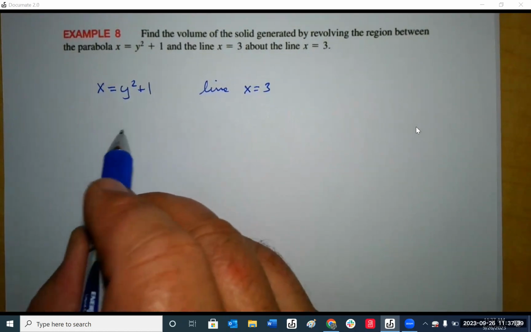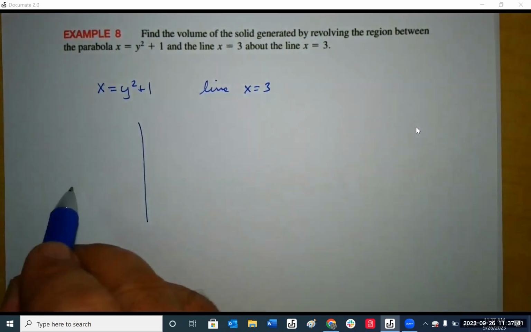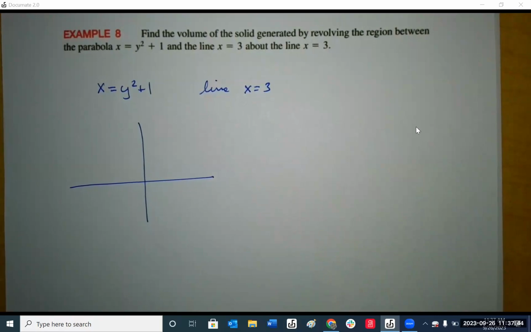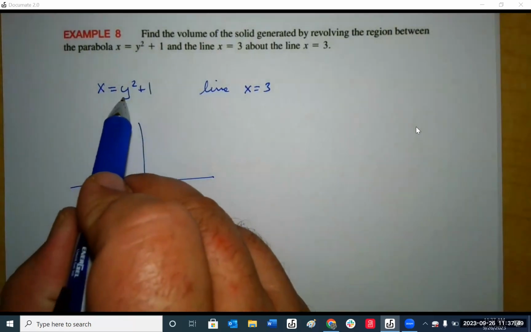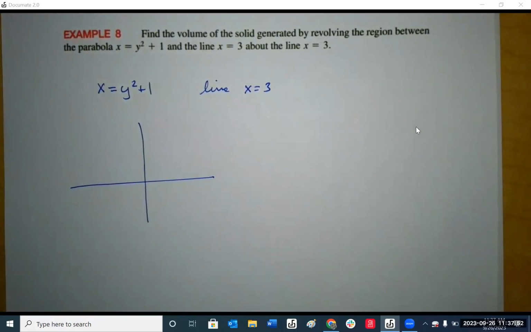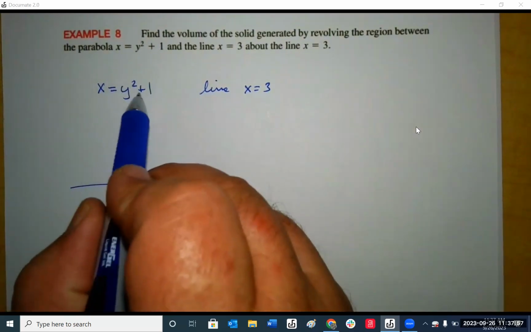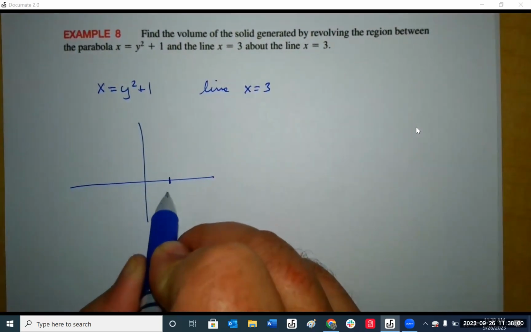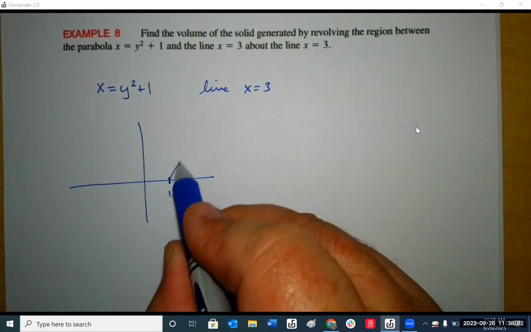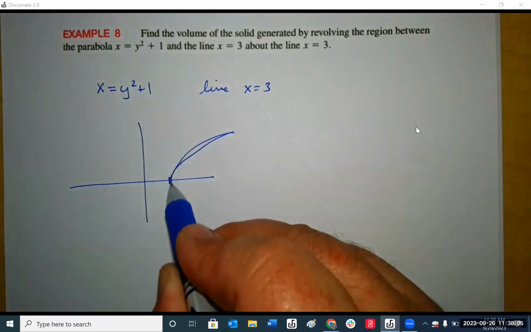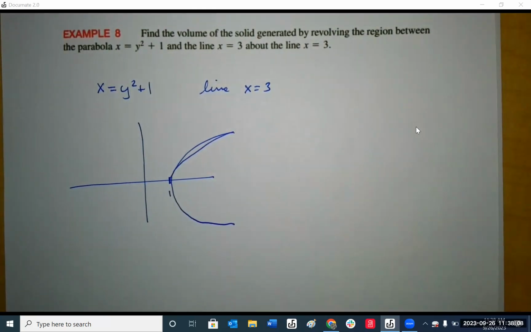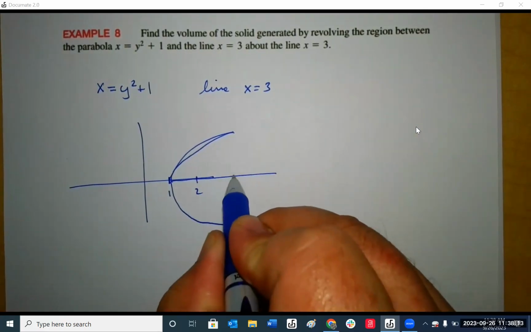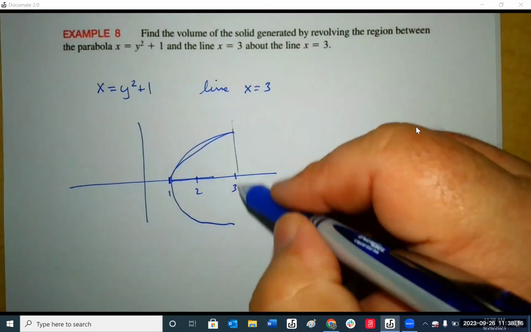What's this parabola going to look like? Now we're going with y. It would be up if it was y equals x squared, but now it's going to be to the side. And since it's plus 1, that's the smallest it can be. So it's going to be a parabola like this. And we're going to go all the way to 3.